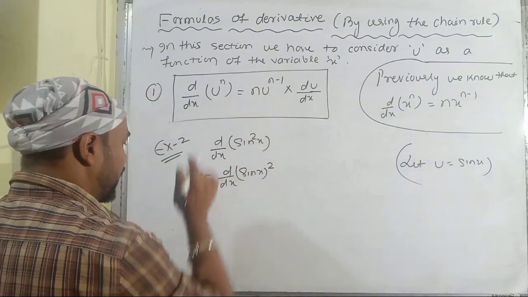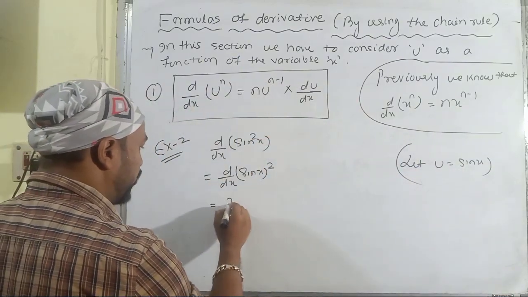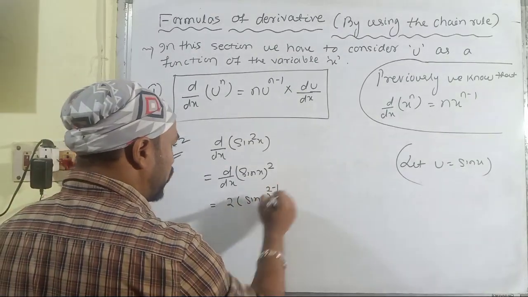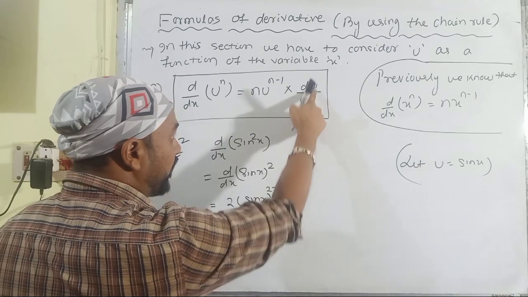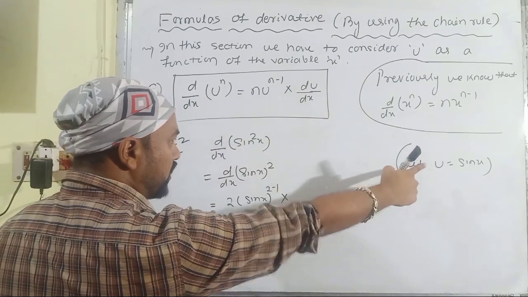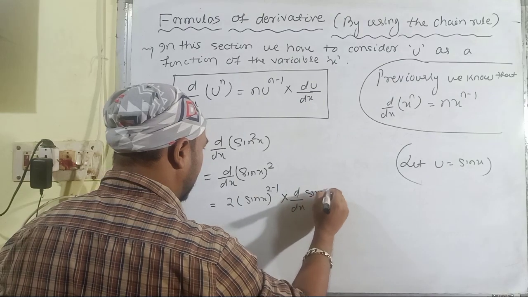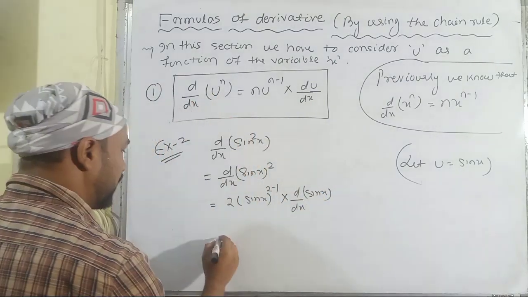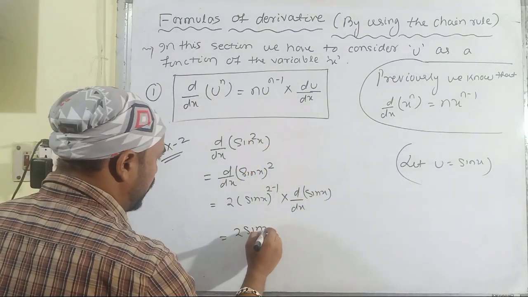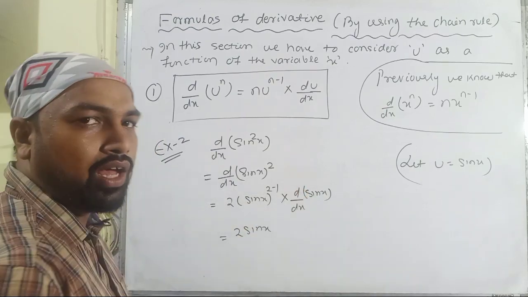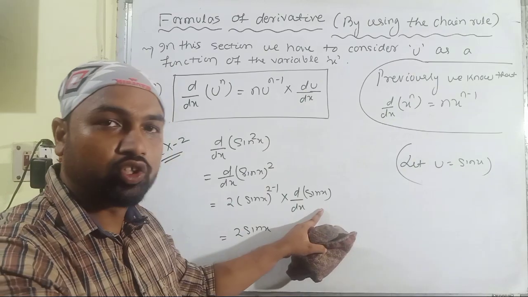By applying this method here, we can have 2 multiplied with sine x to the power 2 minus 1, again multiplied with differentiation of u. What is u? u is sine x. So differentiation of sine x with respect to x. So it will be 2 multiplied with sine x, and it is the genuine formula for differentiation of functions.